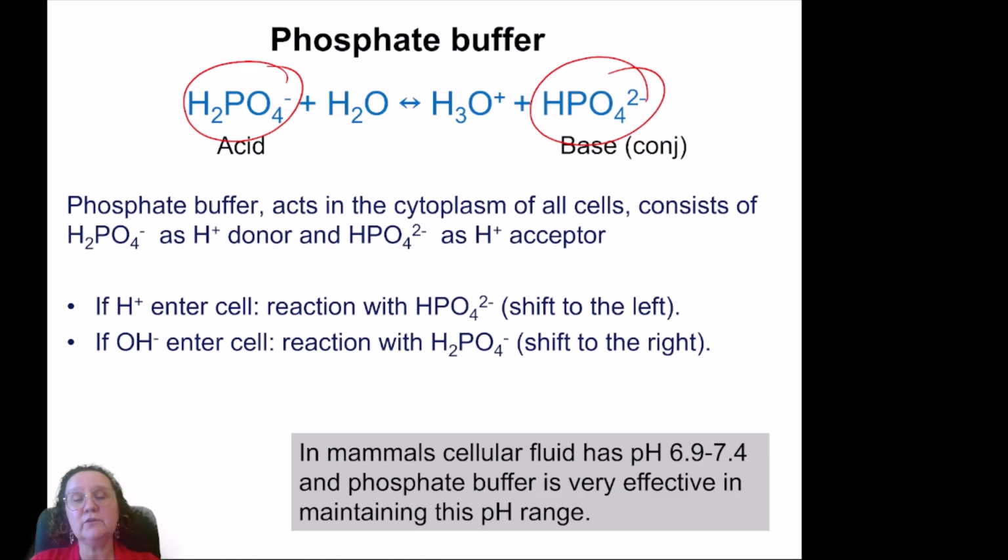And cellular fluid in mammals has a pH of between 6.9 and 7.4, and that pH is maintained within these ranges by these phosphate buffers between dihydrogen and hydrogen phosphate.